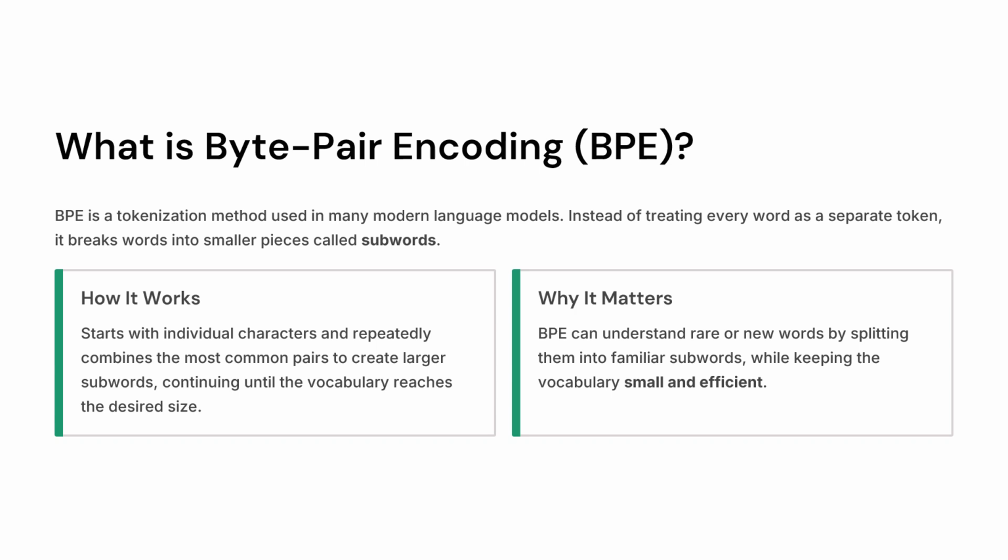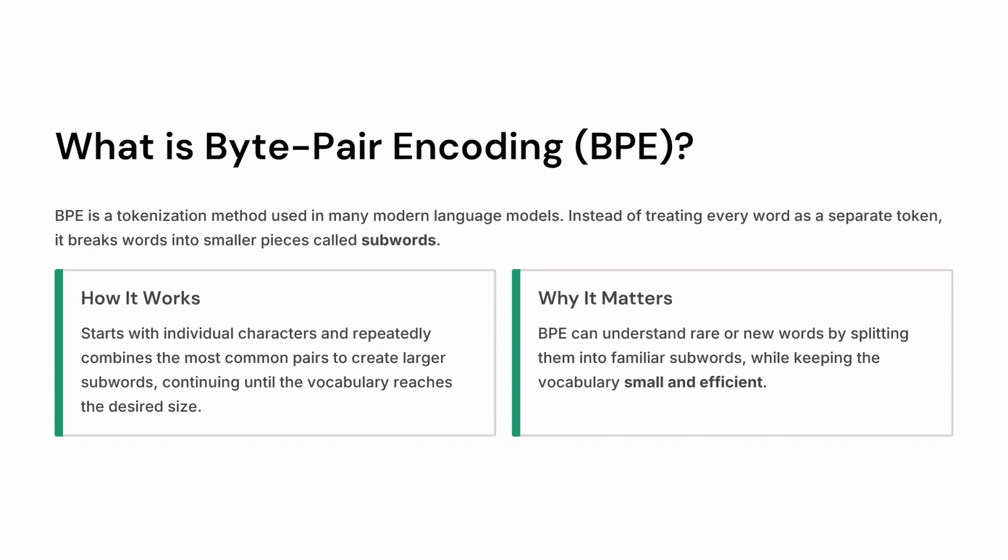So what exactly is BPE? Byte pair encoding is a subword tokenization algorithm that automatically learns common subwords from a large collection of text. Instead of storing every possible word in its vocabulary, BPE starts with individual characters and gradually combines the most frequently occurring adjacent pairs.